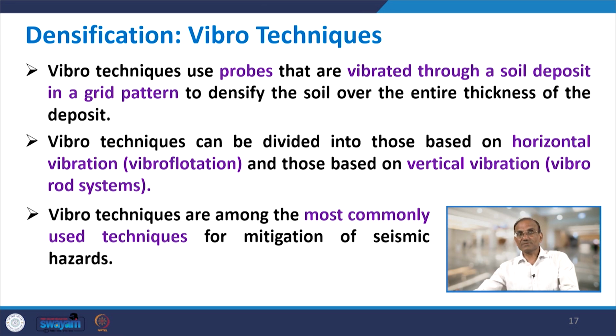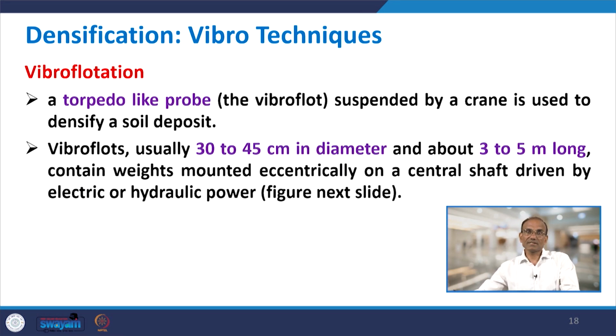So, let us discuss first vibro flotation. In this case, a torpedo-like probe, called the vibro float, is suspended by a crane and used to densify a soil deposit. Vibro floats are usually 30 to 45 centimeter in diameter and about 3 to 5 meter long, and contain weights mounted eccentrically on a central shaft driven by electric or hydraulic power.